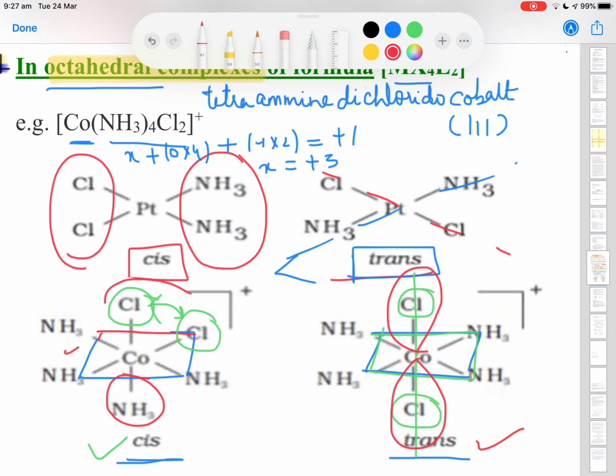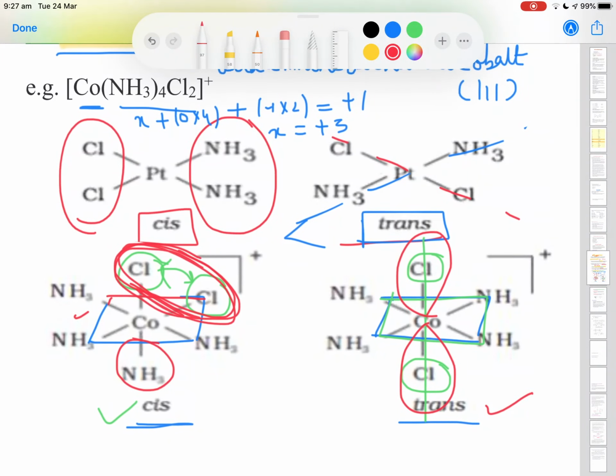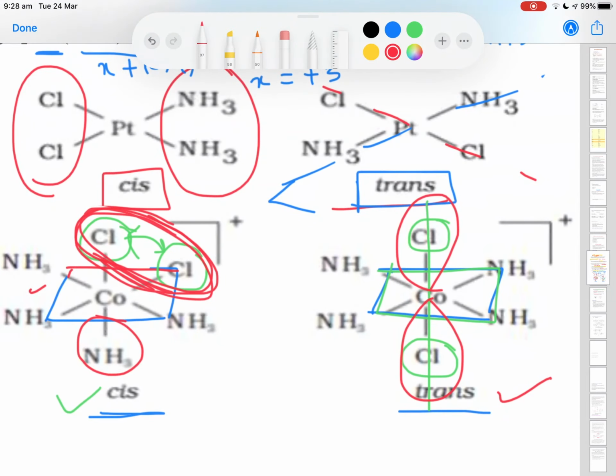Wherein when two same ligands are present at adjacent positions to each other, they are said to be cis. So this is how we decide cis and trans in octahedral complexes as well as in square planar complexes. So I think hopefully it is clear to you. You can just see it once again. I'll just enlarge the image for you.